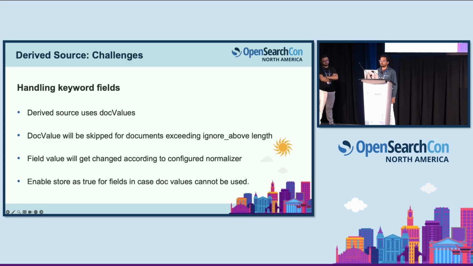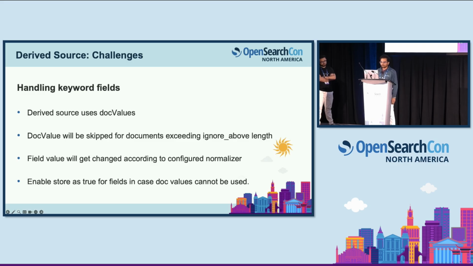And similarly, a normalizer changes the original value of the field to the respective normalized value. Let's take an example of lowercase. It will first replace all the characters with lowercase and then store it in the Lucene doc value. So we will lose the context of what the original value was at the time of ingestion.